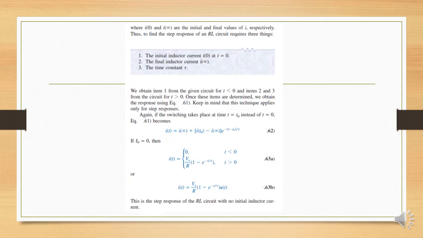We are going to find out I naught, I infinite, and tau. In the previous case, what were we finding out? V naught, V infinite, and tau. In this case we are finding out I naught, I infinite, and tau. The first one we gain from t less than 0, 2 and 3 we gain from t greater than 0. Once these values are determined, we can find our result by putting them in this equation.